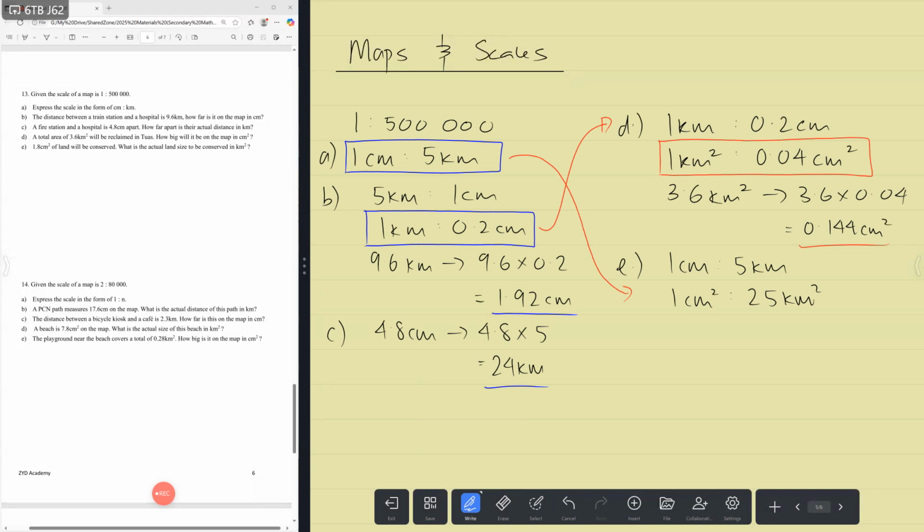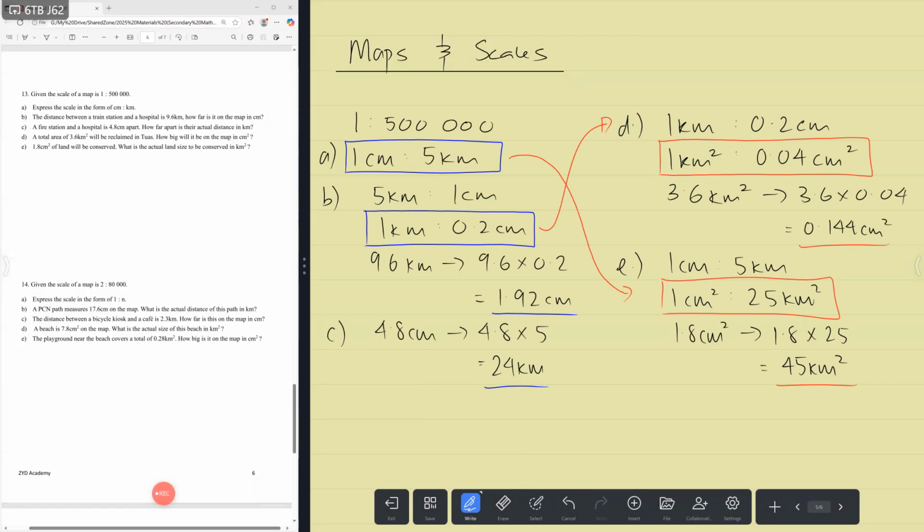So again, nothing is stopping us from finding 1.8 square centimeters. It simply means 1.8 multiplied by 25, and our answer is equal to 45 square kilometers.